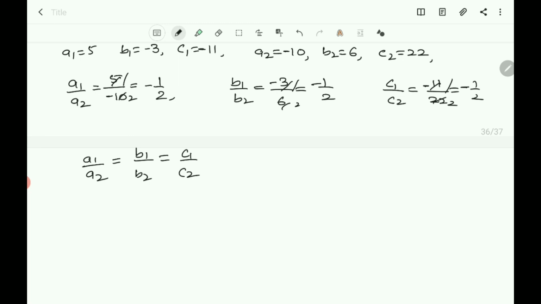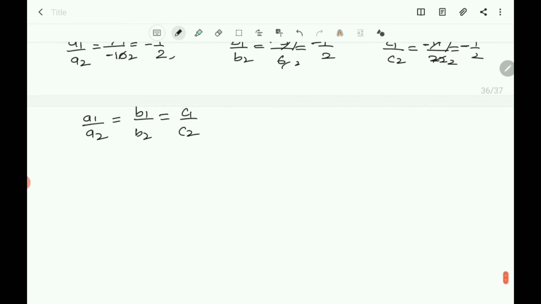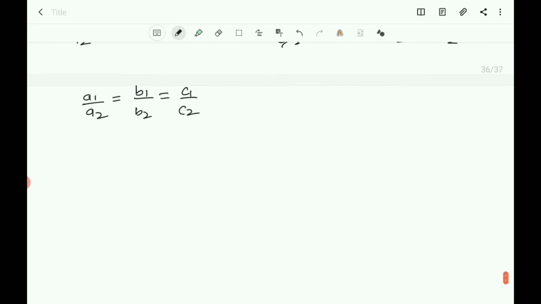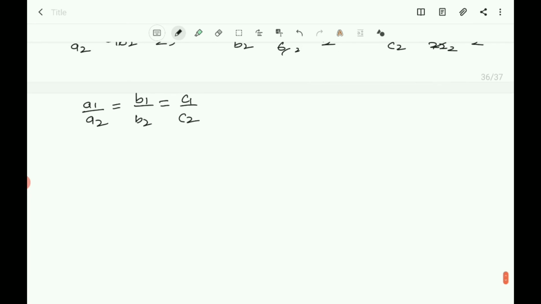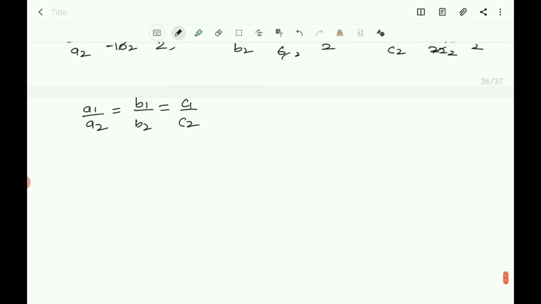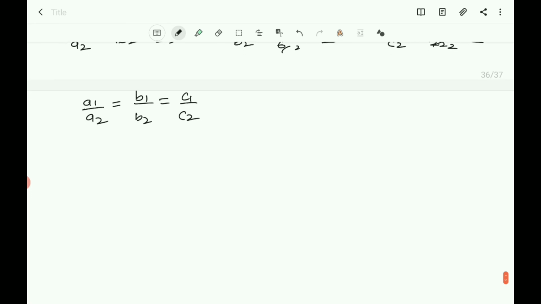Therefore the given lines are coincident. So the given pair of linear equations has infinitely many solutions and therefore it is consistent.